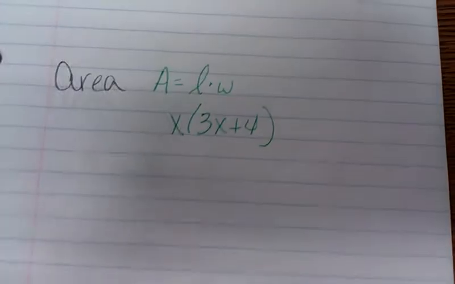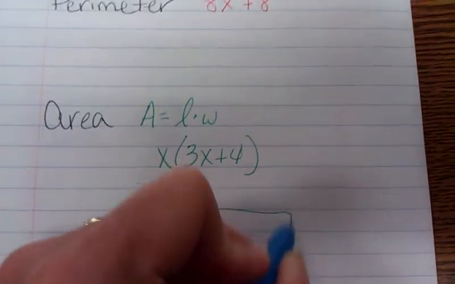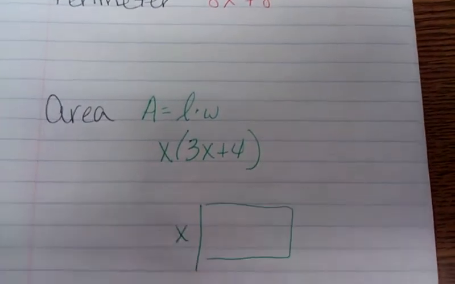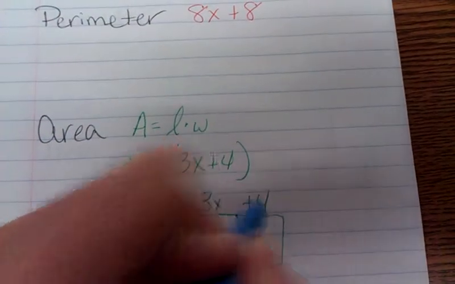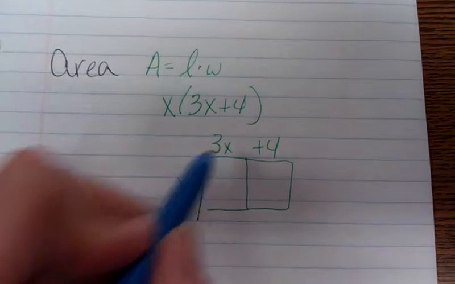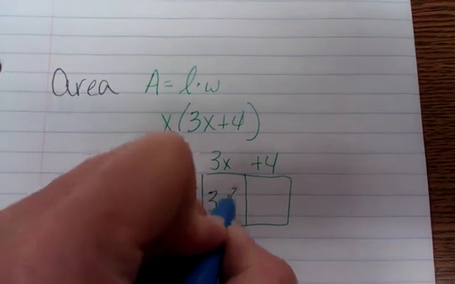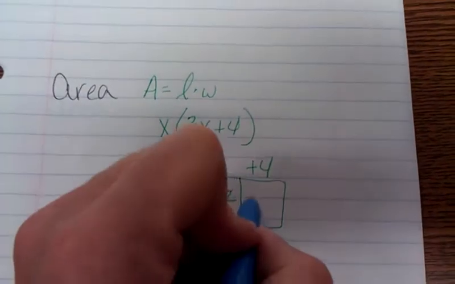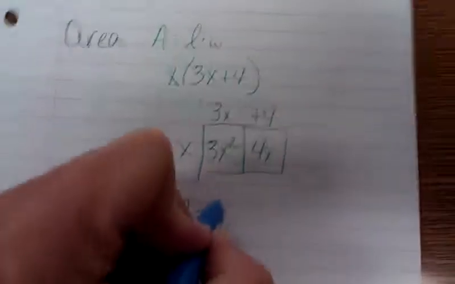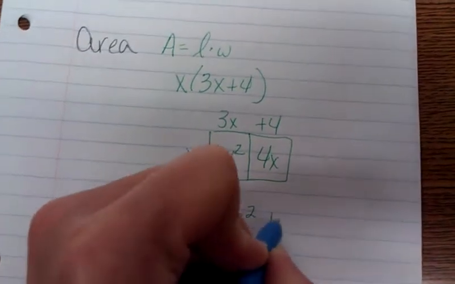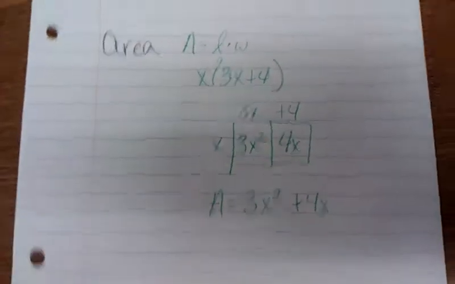I'm going to move on down here and draw the box. The x goes on the left hand side. I've got 3x plus 4 across the top. 3x and x is 3x squared. 4 times x is 4x. So my area is 3x squared plus 4x.